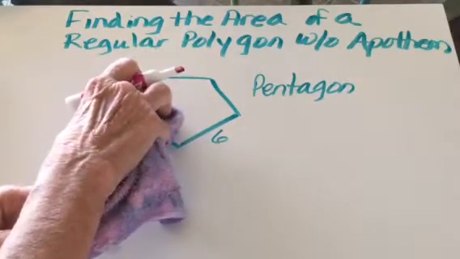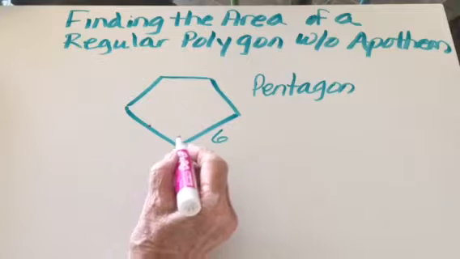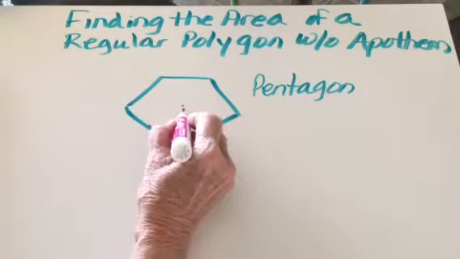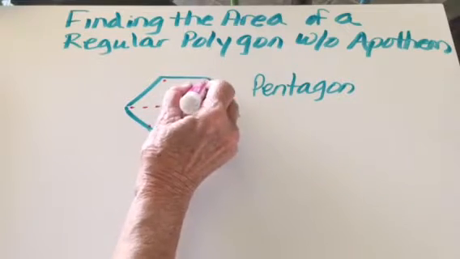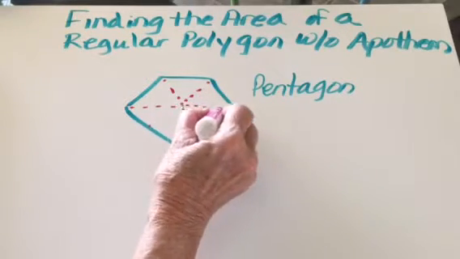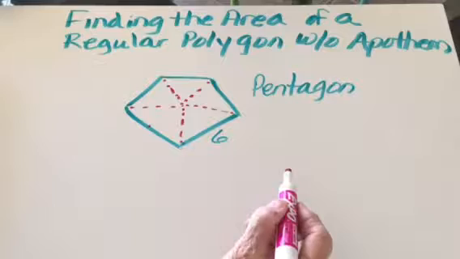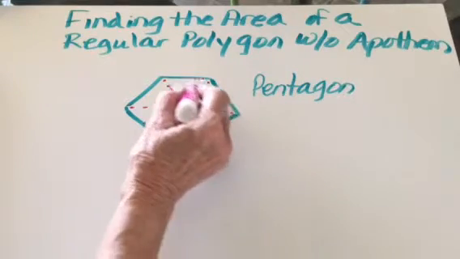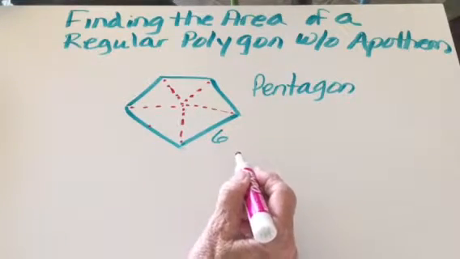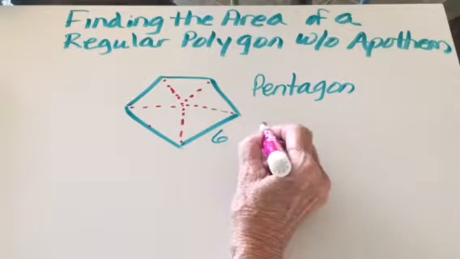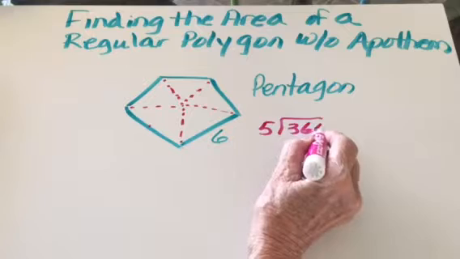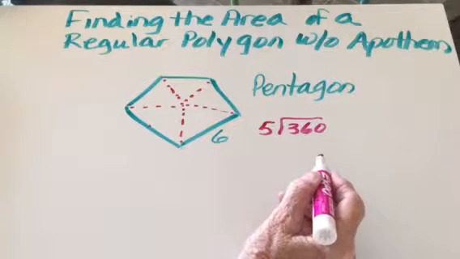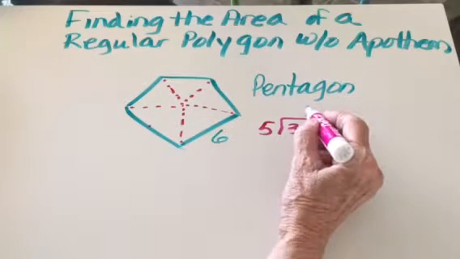So let me show you something. Watch what I can do here. I can actually divide this thing into, you can see I'm not a very good artist here, guys, but I'm going to divide that thing into 5 triangles, right? 1, 2, 3, 4, 5. All right, so 5 into 360 goes 72 times.